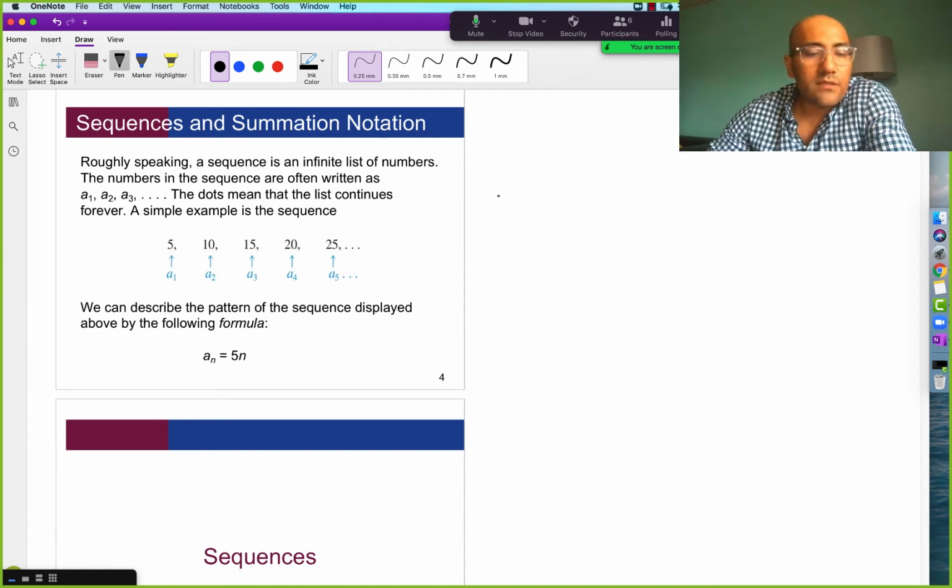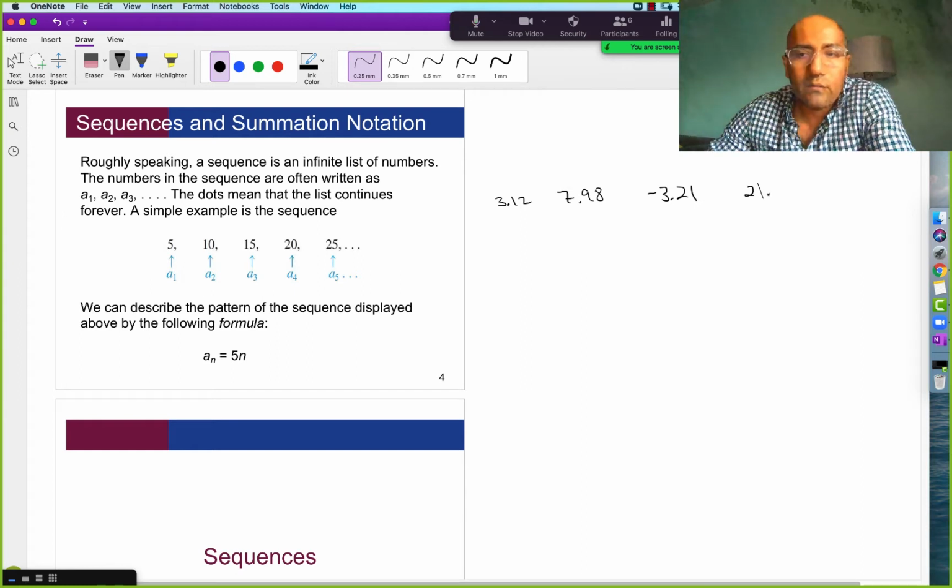It could be a list where there is no reasonable pattern. It could be something like 3.12, 7.98, then negative 3.21, then positive 21.19. Here is this list, and there is no reasonable pattern that I can think of.